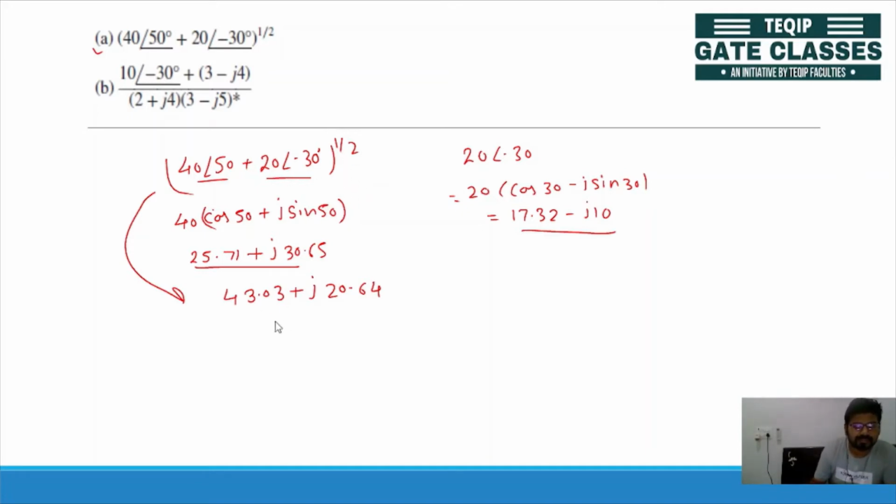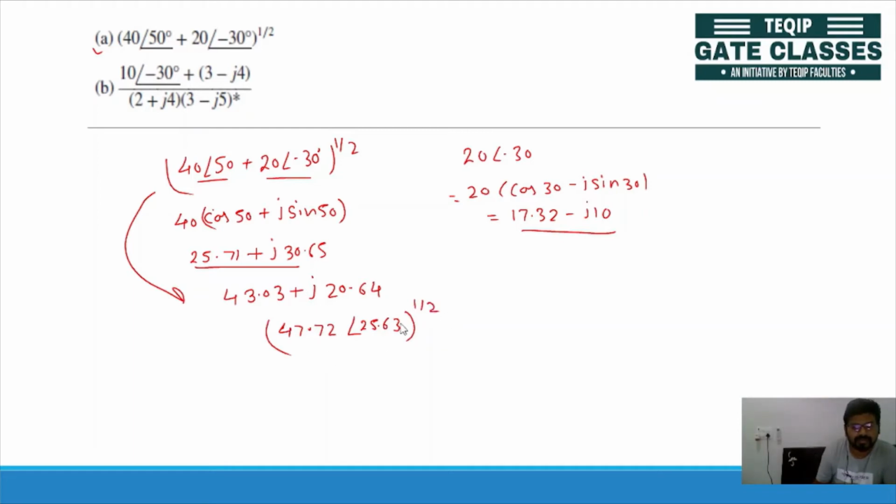Why? Because now we have to take a square root of the whole. After converting this into polar form, we'll get 47.72 angle 25.63. Then we have to take a square root of this.